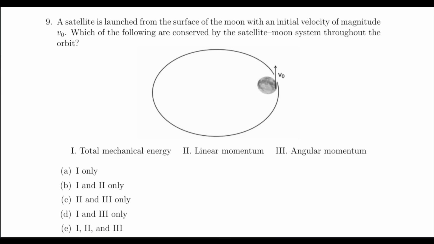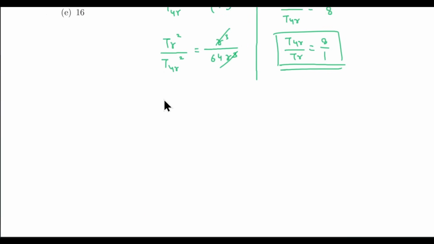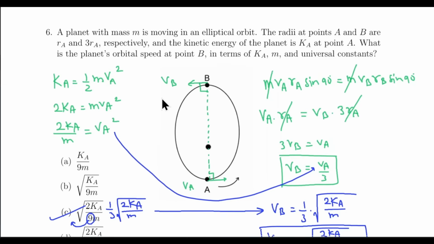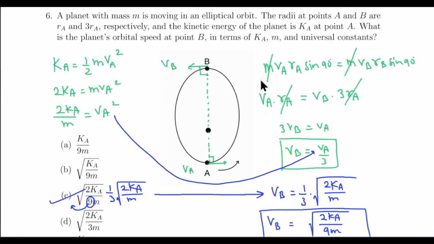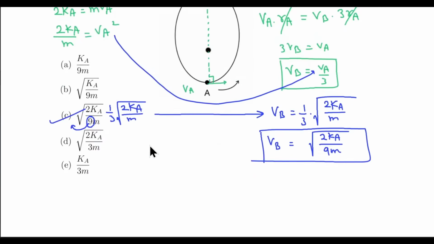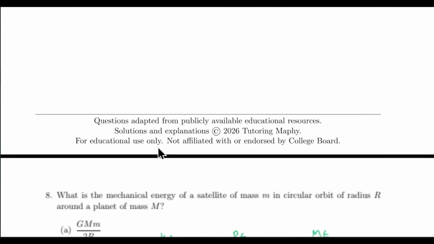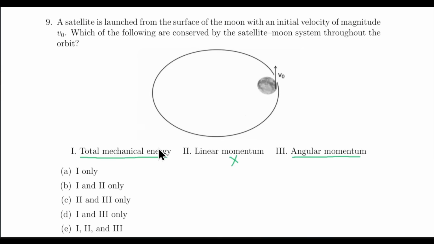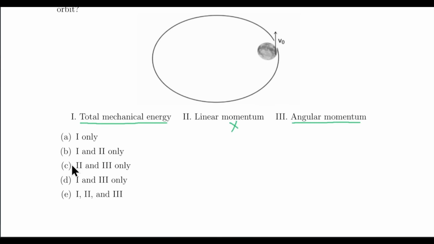Linear momentum is never conserved, but the angular momentum once again is conserved, because I think in question 7 we just did that, or maybe question 6. Yeah, there you go. This mvr sin theta is nothing but angular momentum, so angular momentum is always conserved. These are facts, and 1 and 3 mean that I should mark option D as my correct choice.